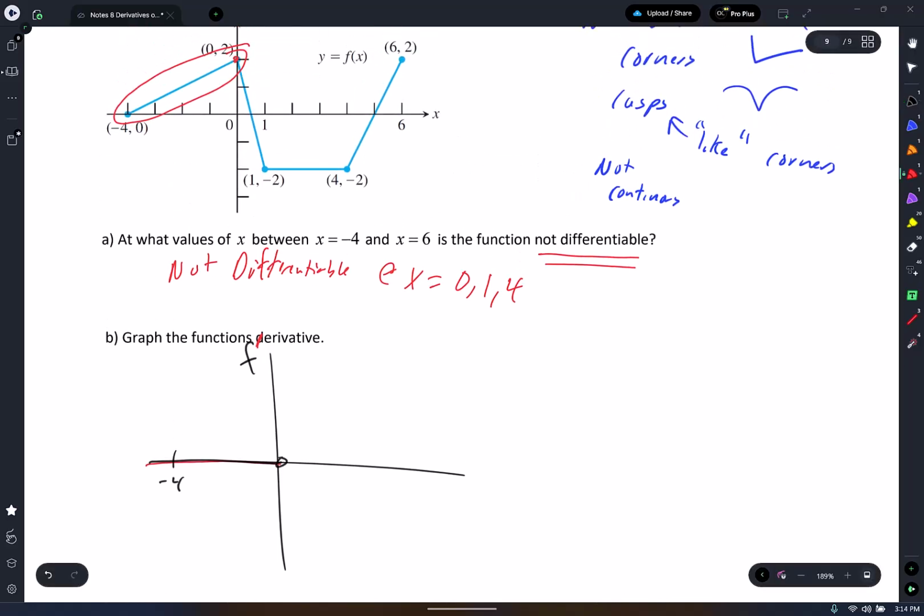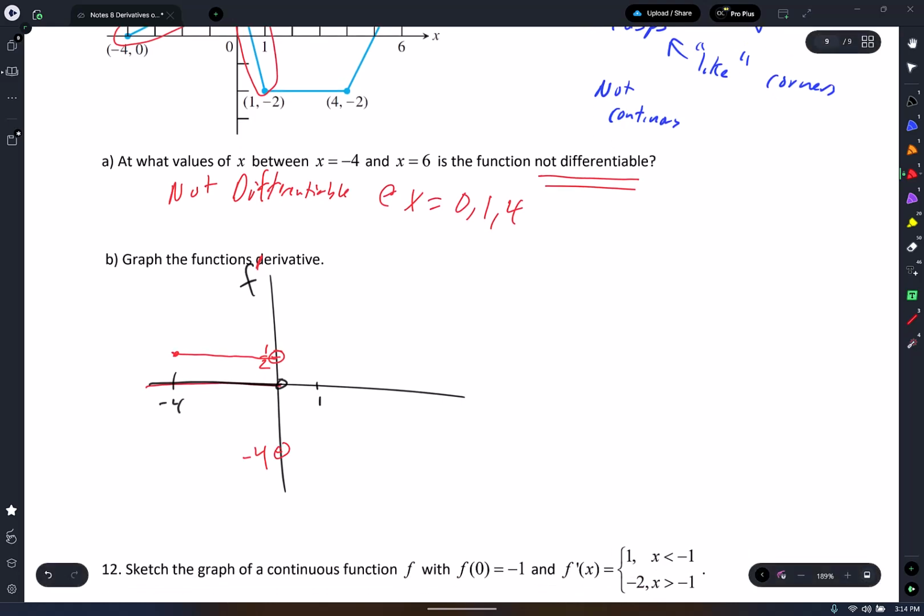And I'm going to say here's a half, just a linear line at the half. I'm going to say here's 1. Here is negative 4. This slope right here is negative 4. Open circle. Open circle.